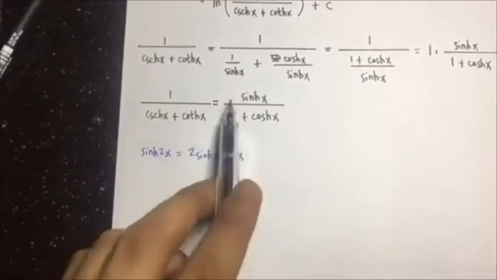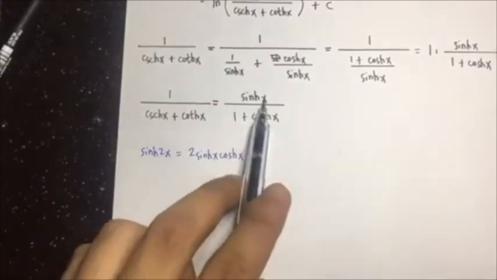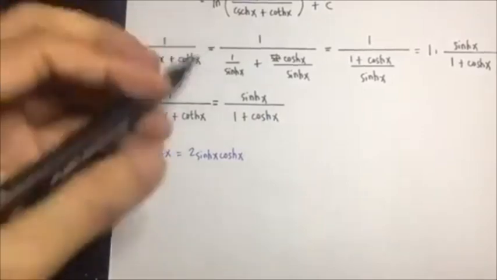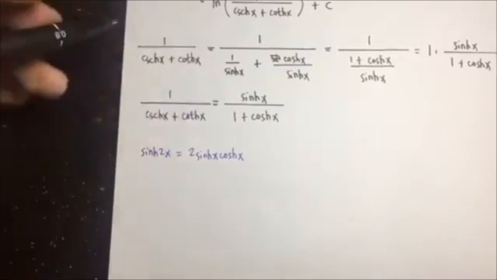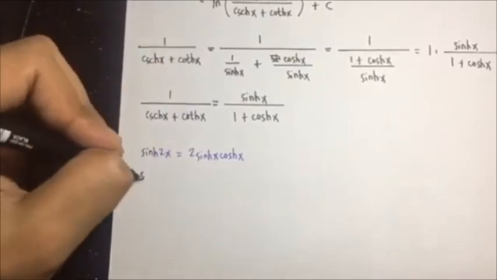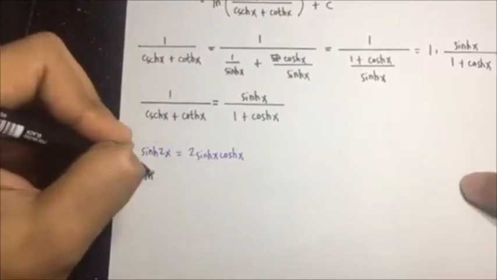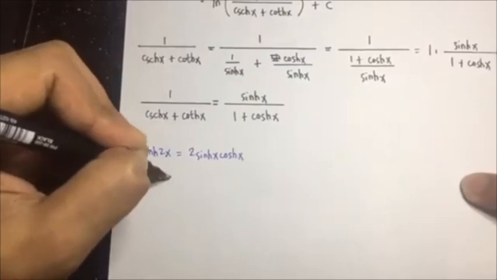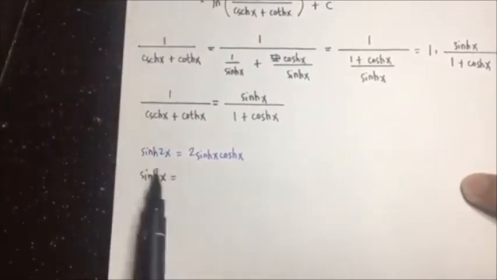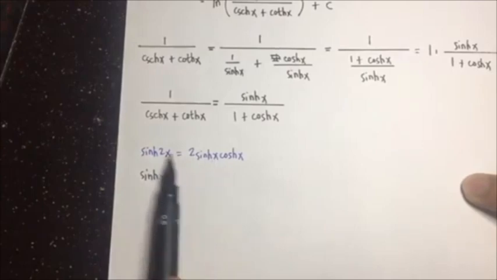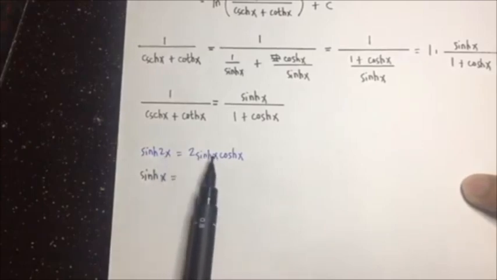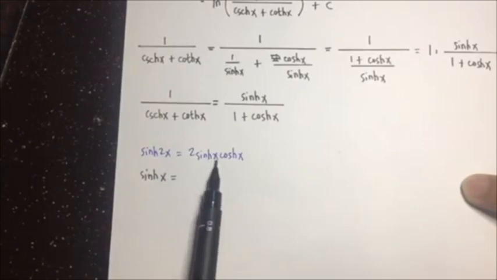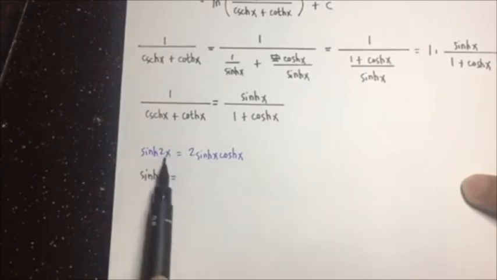Okay, so for the hyperbolic sine of x, we can also express it as follows. Notice that the angle here is 1/2 of the angle here.